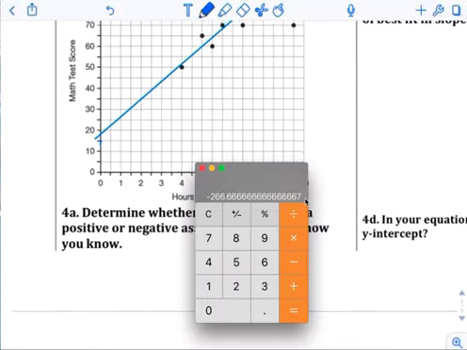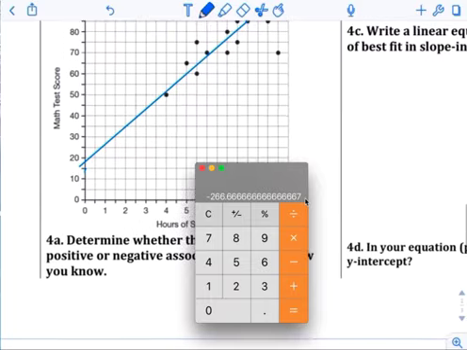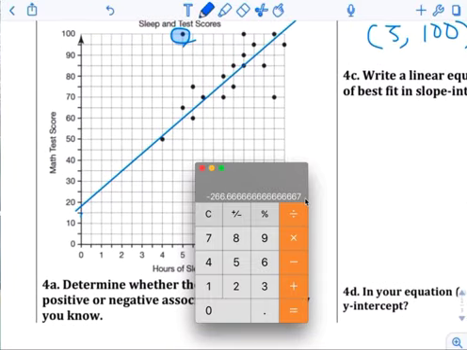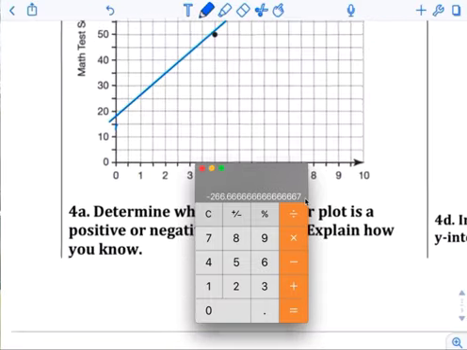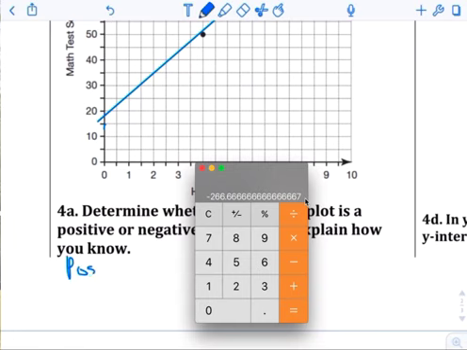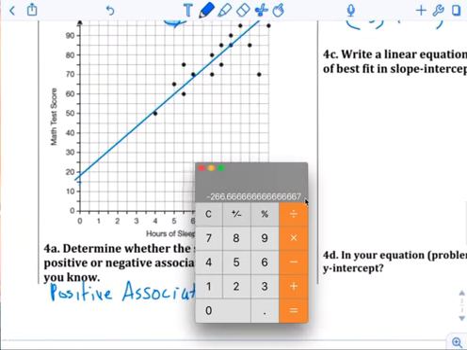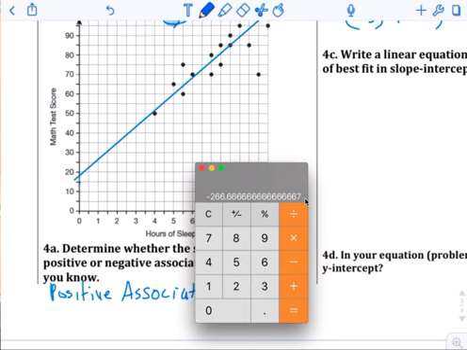Determine whether the scatter plot is positive or negative association. It's positive because it's going upward, so positive. Now, I need you to know association. Explain how you know. Because here's how. Normally, you explain the lines going up.